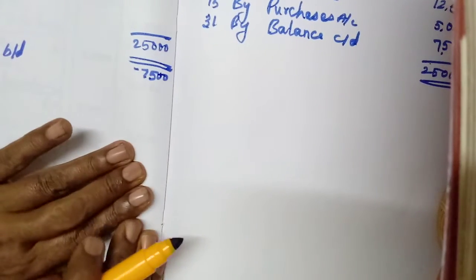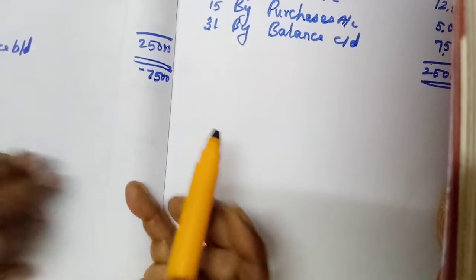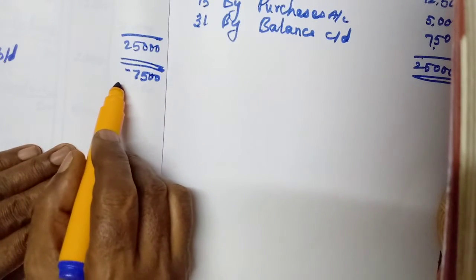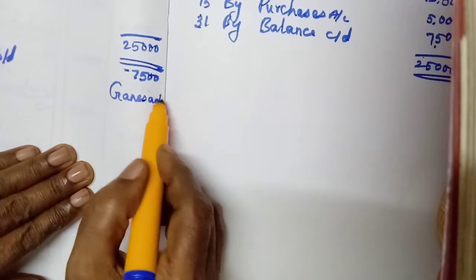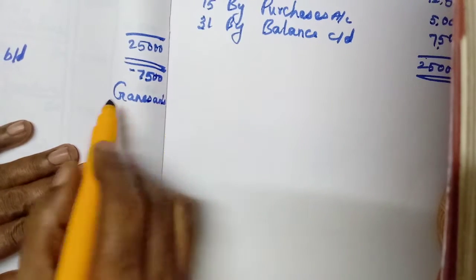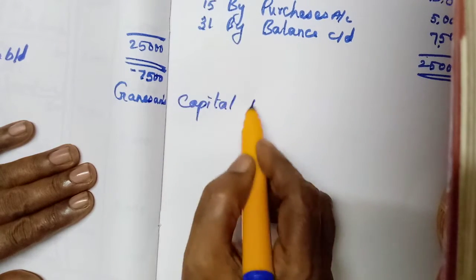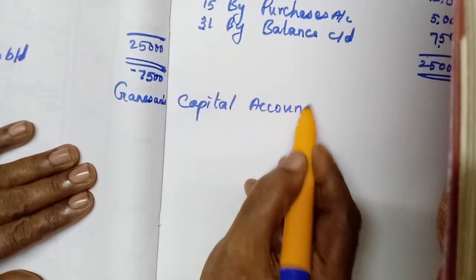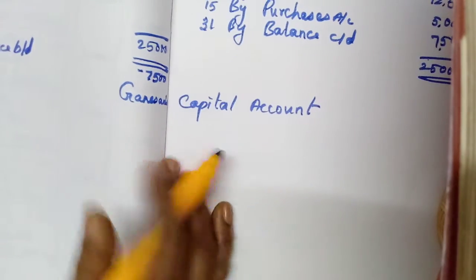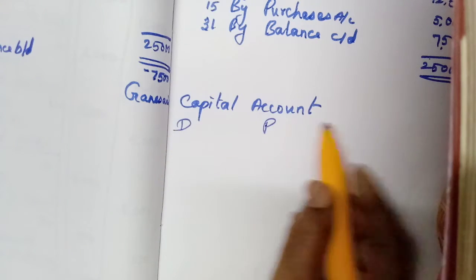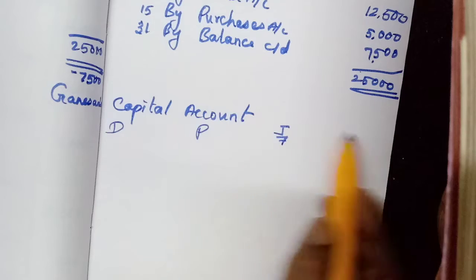Now next account. After cash account, Ganeshan's capital account. Account wise only we have to post. We have to prepare the ledger account. Here Ganeshan's capital account. Date, particulars, JF, rupees.